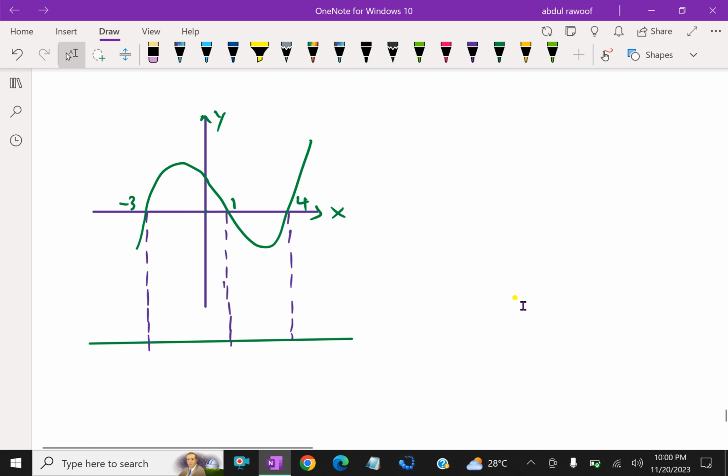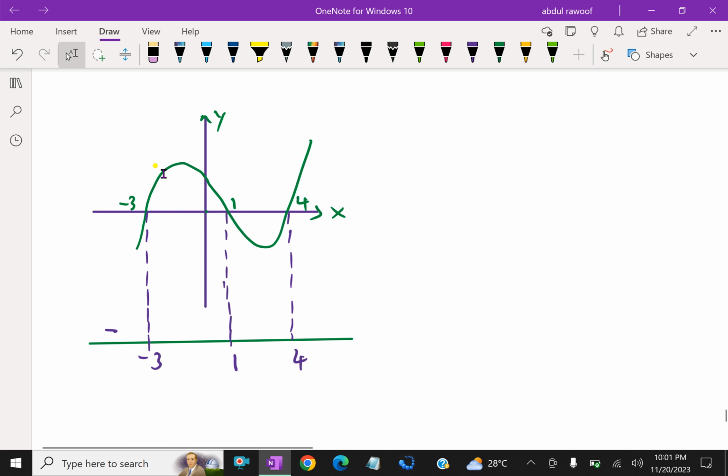This is minus 3, this is 1, this is 4. From 1 to 3, from the point 3 the graph is reducing, coming down, so it is minus.